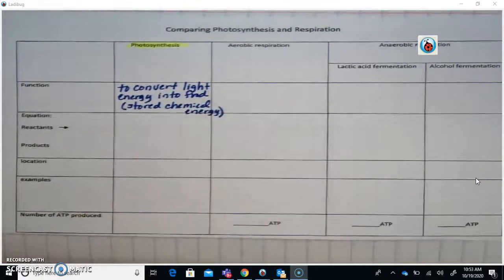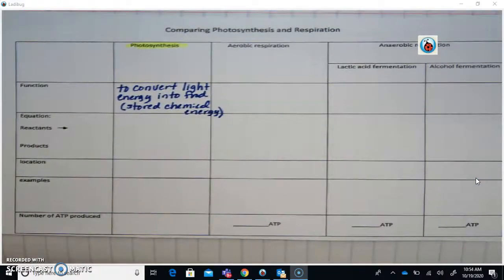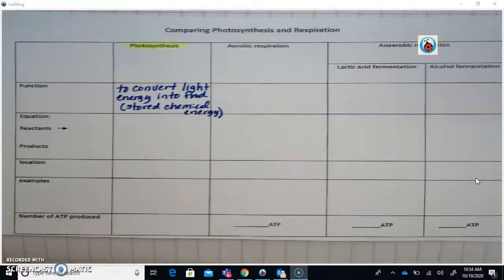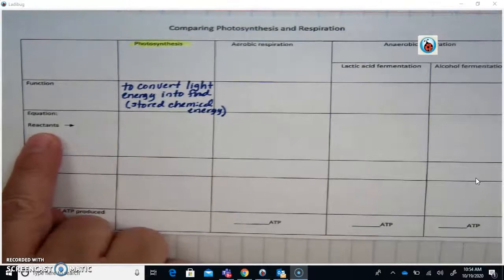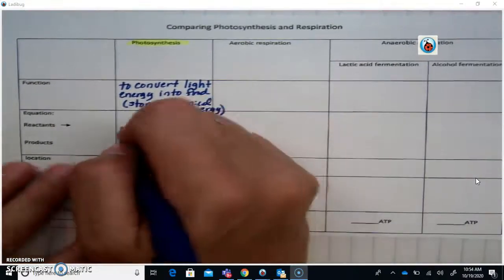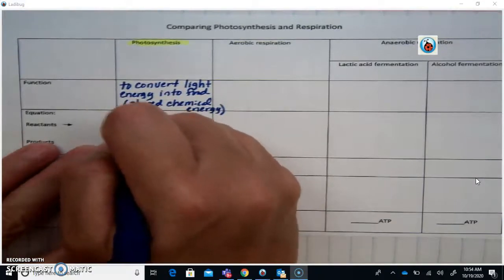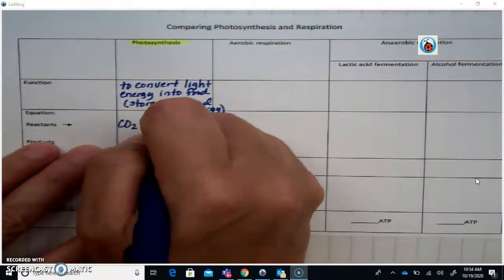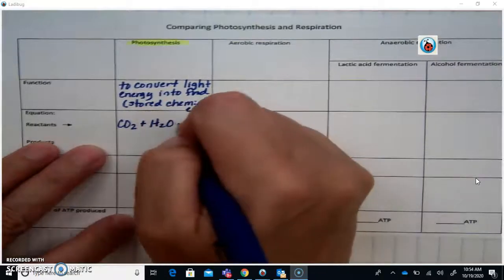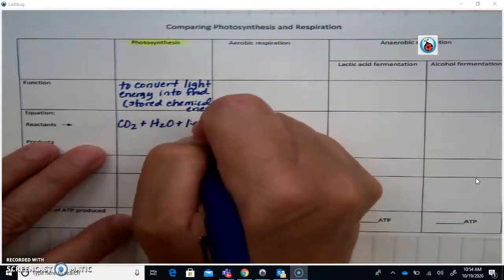Now, as far as the overall reactants and products that are involved in photosynthesis, the reactants, these are things that are needed for photosynthesis. You've got to have carbon dioxide, you have to have water, and of course you have to have light.